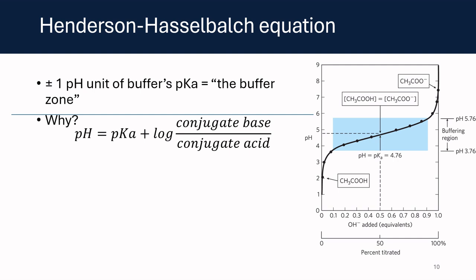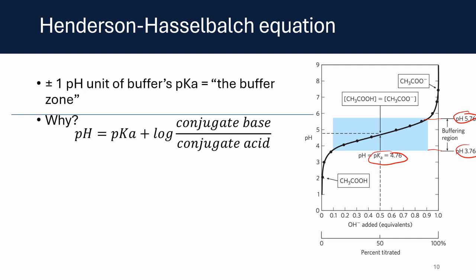All right, now I will reiterate that it is a commonly accepted rule that plus or minus 1 pH unit off of your buffer's pKa will correspond to the buffering zone of your solution, okay? The area where it is considered most pH stable, the area where your buffer is actually working, all right? And we're going to use the Henderson-Hasselbalch equation to find out why.